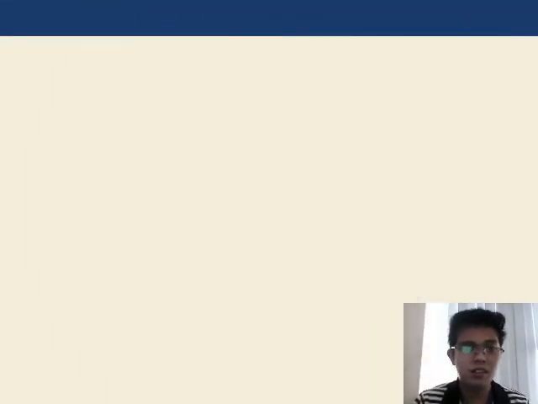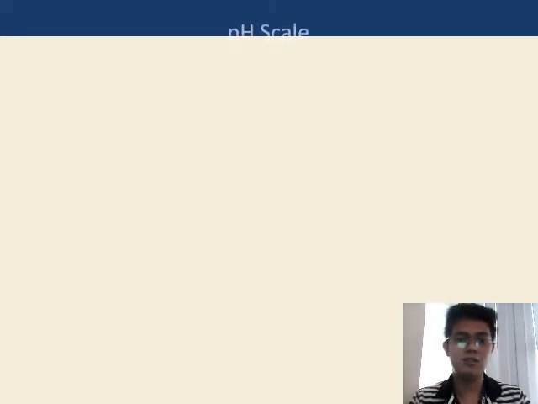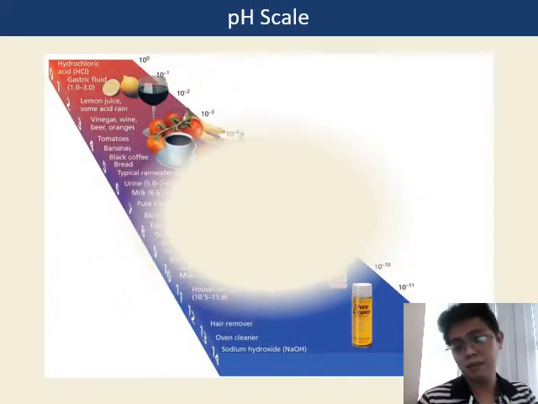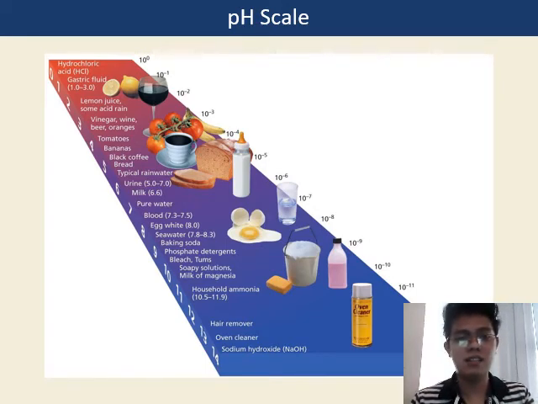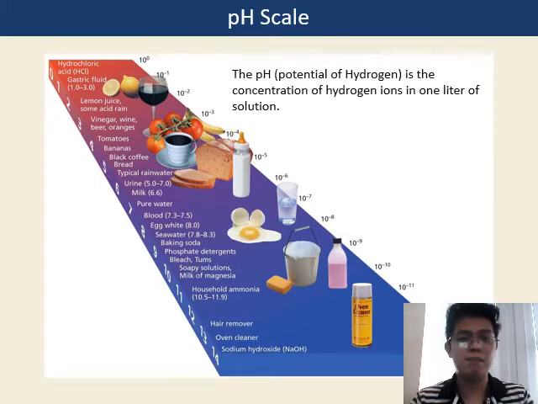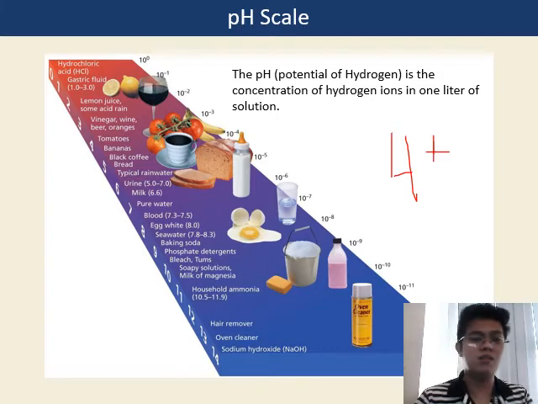Okay, I'm going to show you the pH scale, showing which food items are bases, acidic, or neutral. As we all know, pH is the potential of hydrogen, the concentration of hydrogen ions in 1 liter of solution.